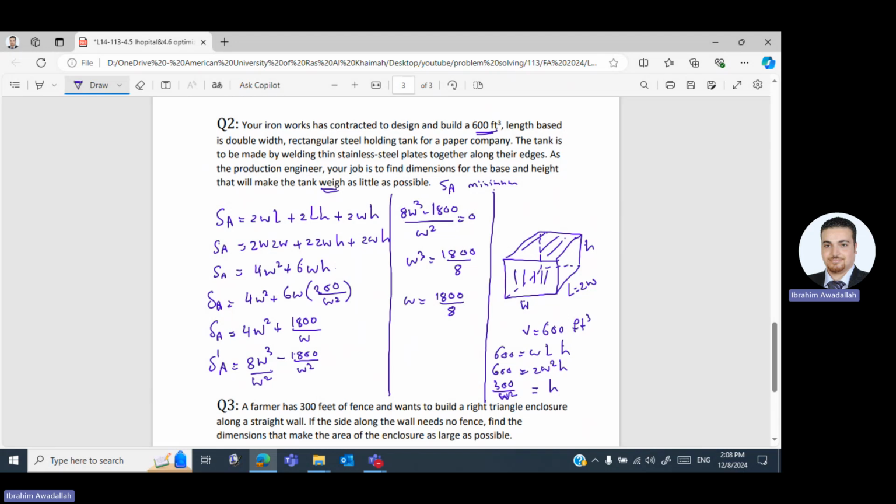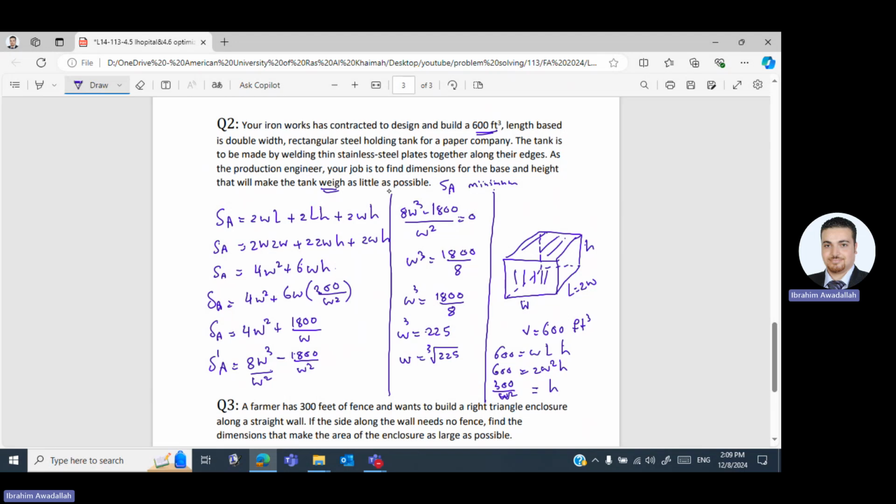This amount by calculator is equal to 225. I forgot the cube root here, sorry. So W equals the cube root of 225.